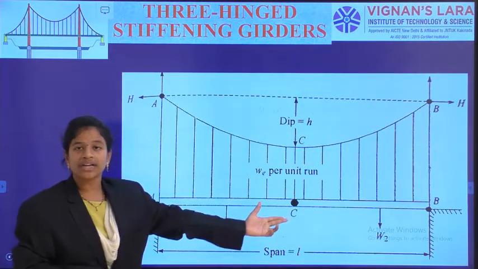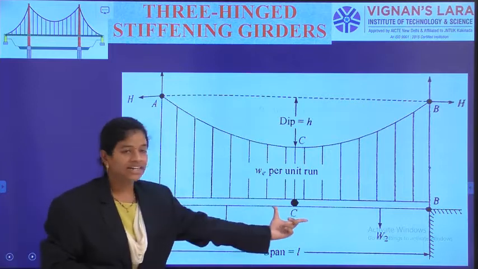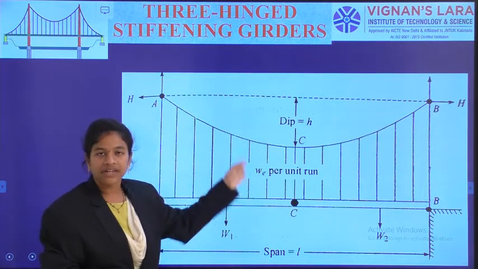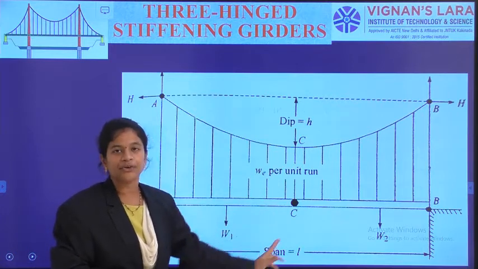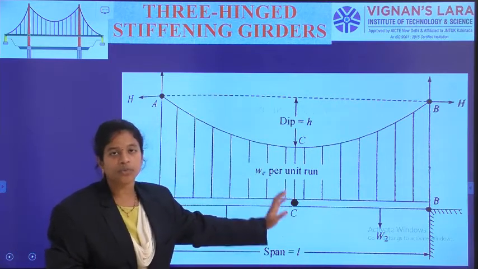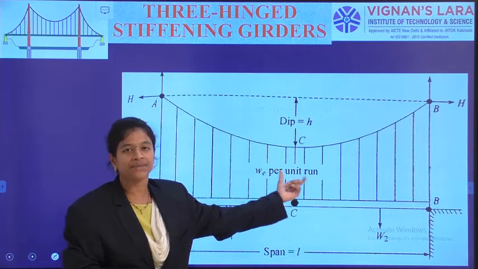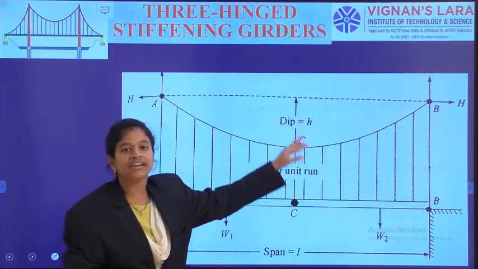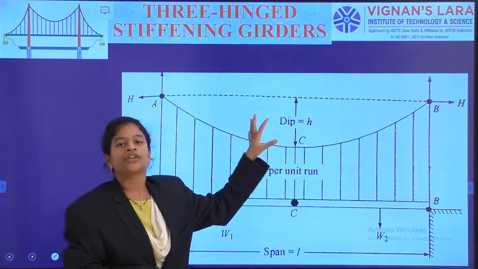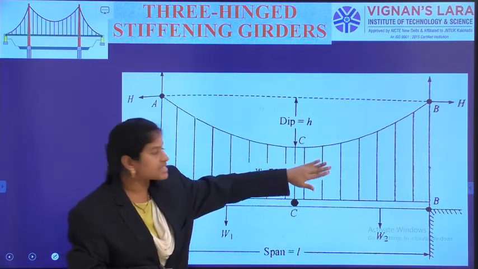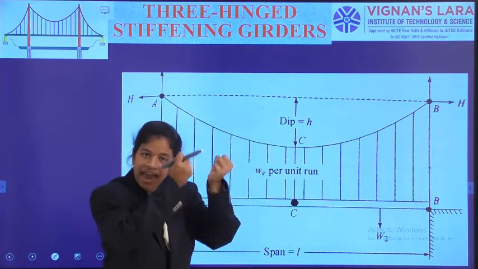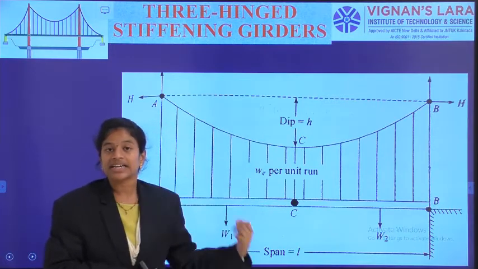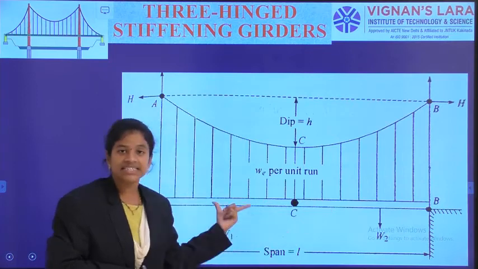So this is the overall structure, a simply supported girder and the main cable with vertical suspenders, and this has two point load applications. Due to these point loads there is a generation of WE intensity. WE is the intensity of the UDL that is being transferred to the cable. So due to this action, this cable has only WE acting downwards. Some UDL is acting downwards on the cable, but below it there is the girder.